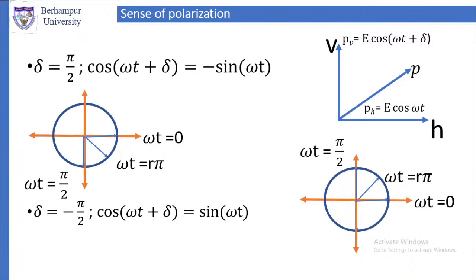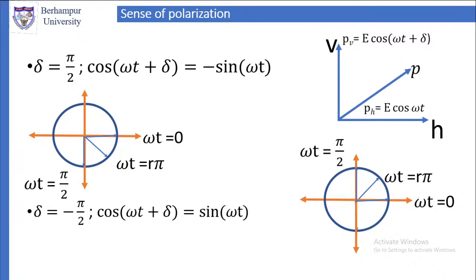Then at omega t is equal to pi by 2, we will have only the vertical component. There will be no horizontal component, because sin pi by 2 is equal to 1, but cos pi by 2 is equal to 0. So we have only the vertical component, and it will complete the cycle. So delta is equal to minus pi by 2.